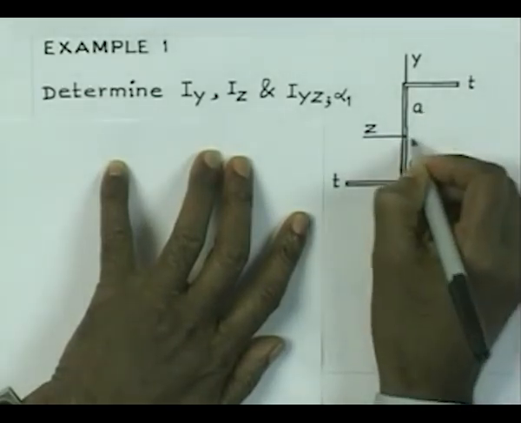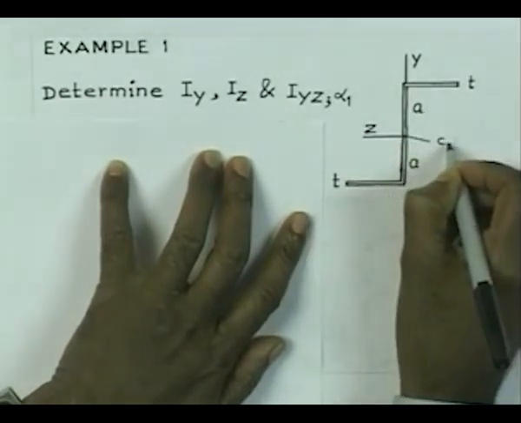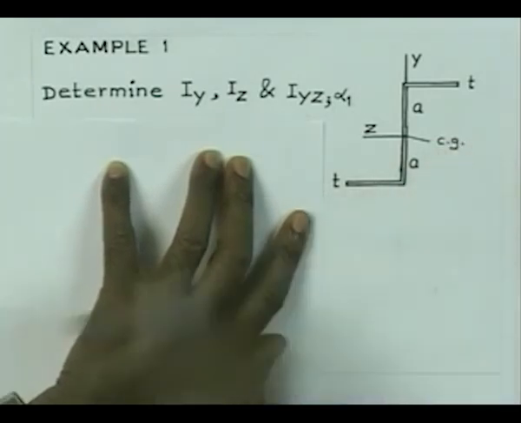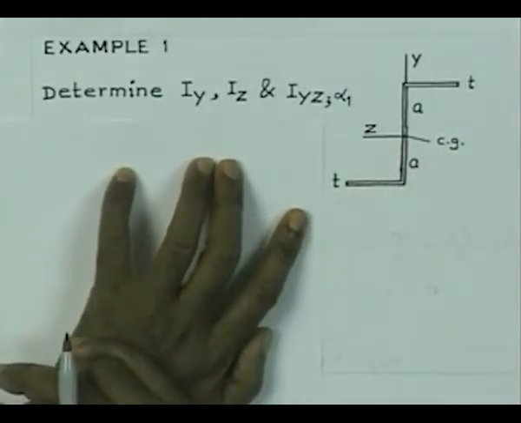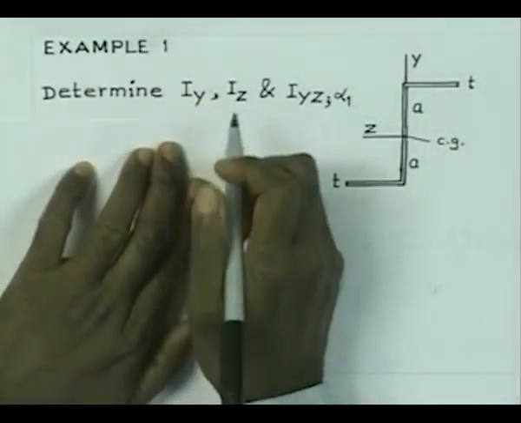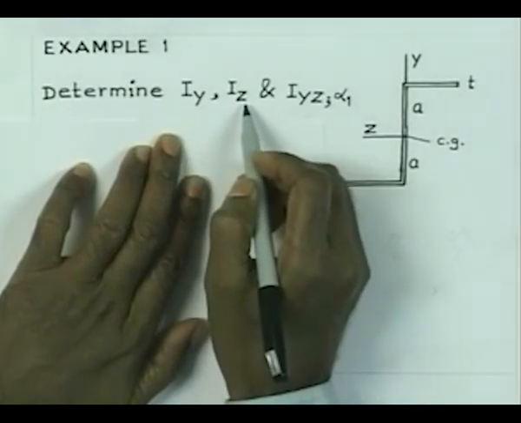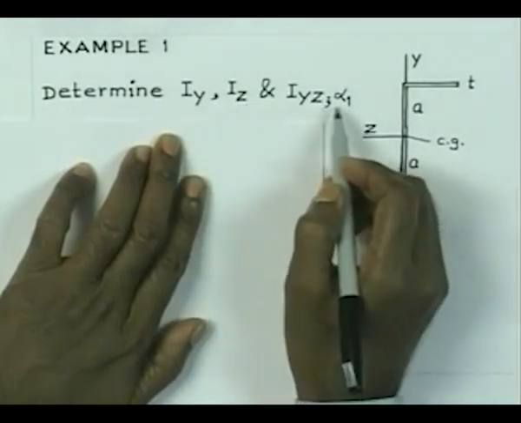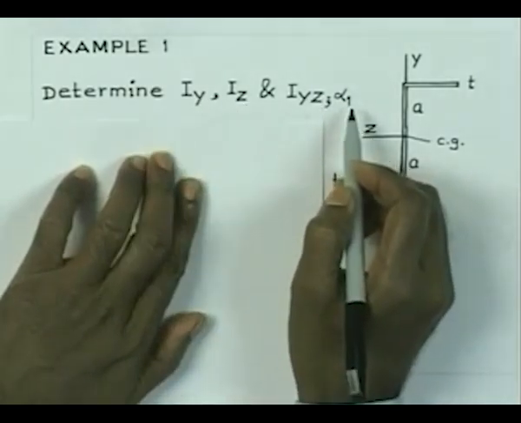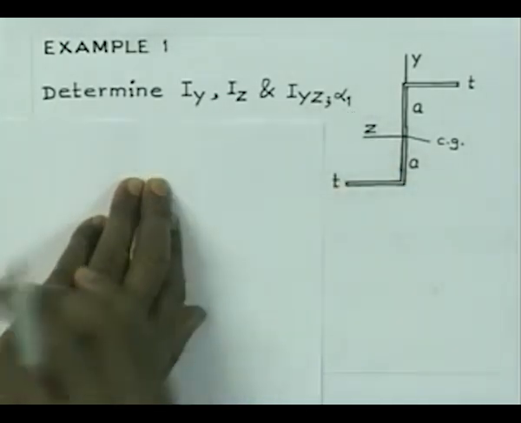This is the CG of the cross section here, and what is needed is to determine Iy, Iz and Iyz and also alpha 1, that is the direction corresponding to the principal directions.